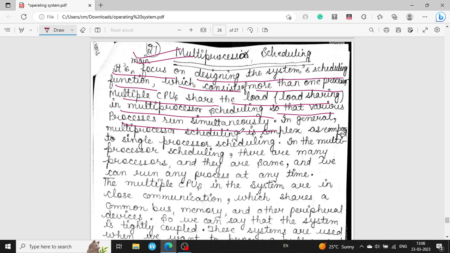In general, we can say that multiprocessor scheduling is complex as compared to single processor scheduling.